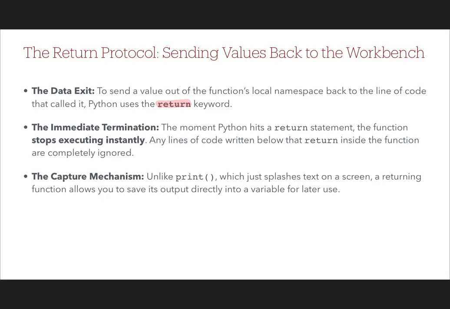So the moment Python hits a return statement, the function stops executing instantly, and at that point, the values of the expression followed by the return will be given to the caller of that function.